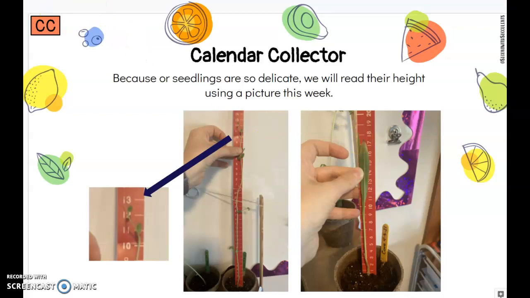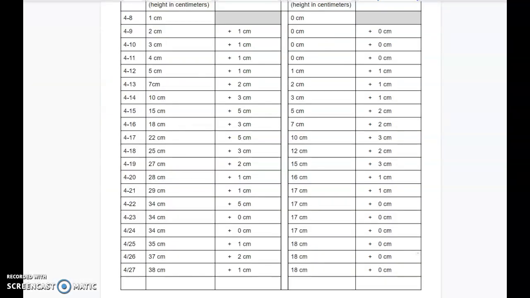Open up to page 77. You will have a little bit of catching up to do in your Number Corner book. The last time we measured our seedlings was over a week ago. They measured at 27 centimeters on the 19th for our pea seedlings and 15 centimeters on the 19th for our corn seedlings.